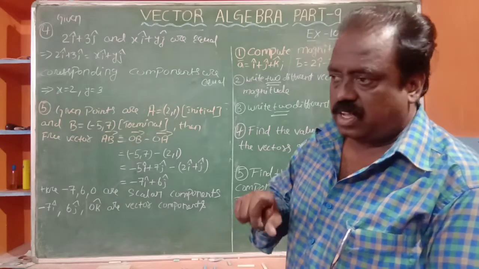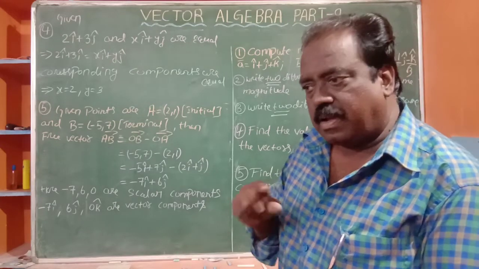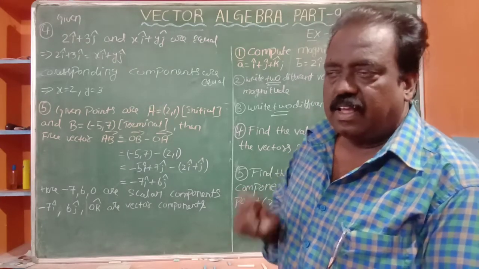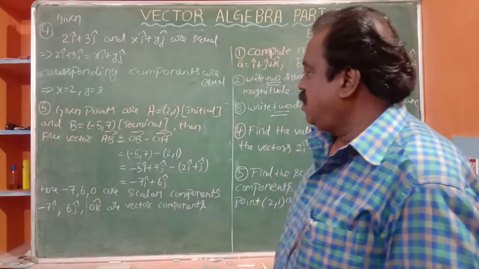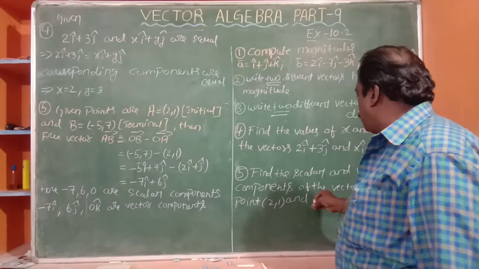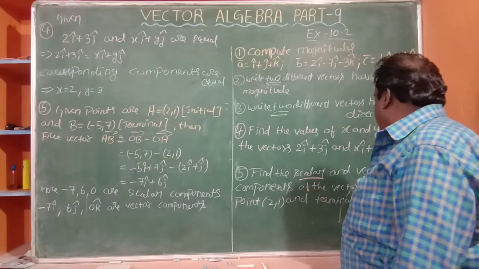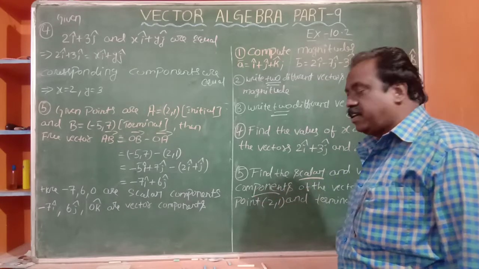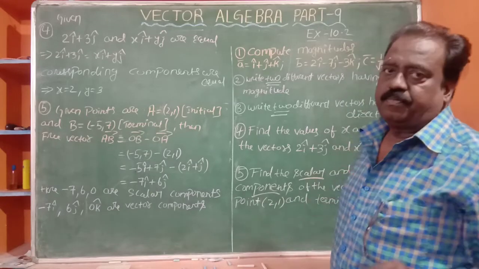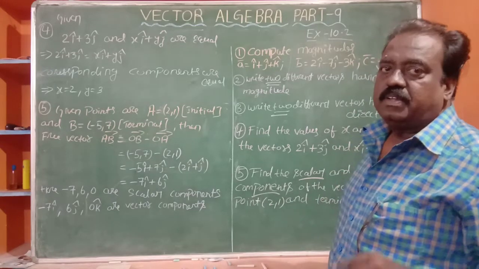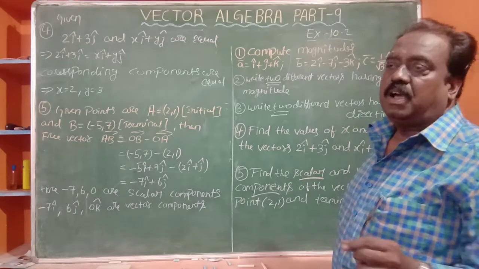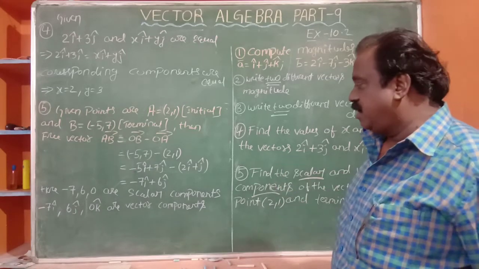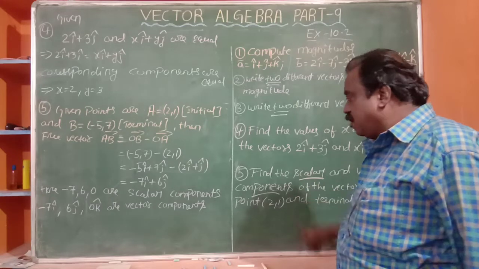Scalar components are simply the coefficients x, y, z. But what about the vector components? The vector components are x i cap, y j cap, z k cap. Unit vectors must be added to x, y, z. Okay? Already everything is over.